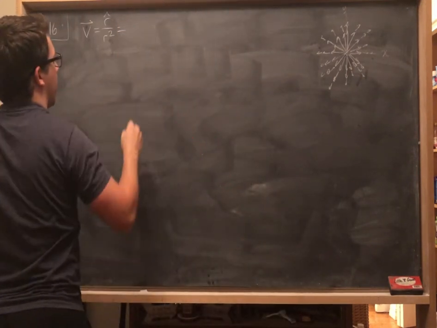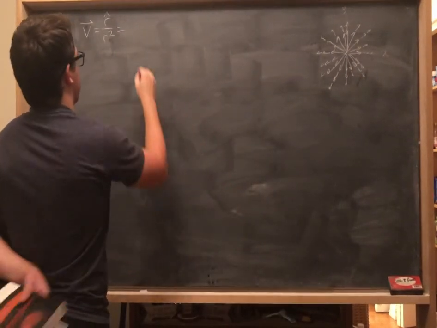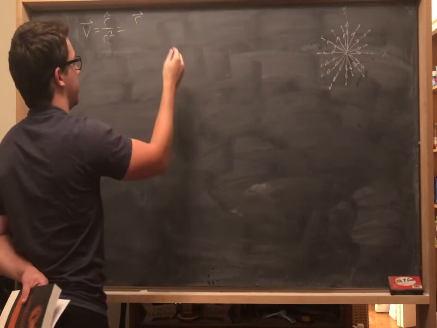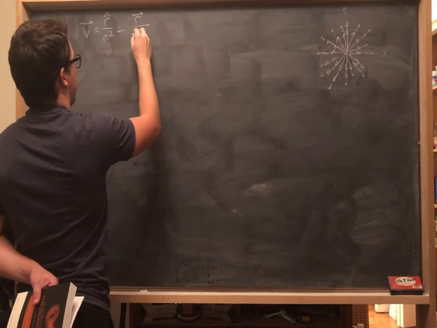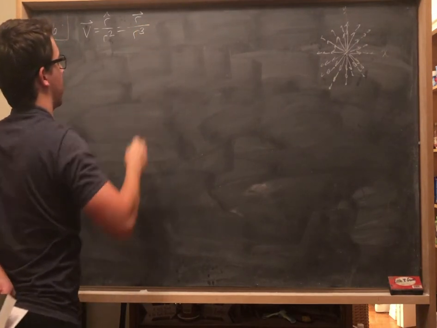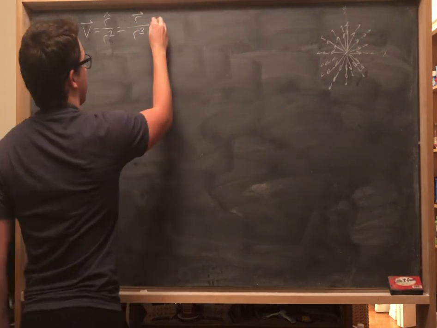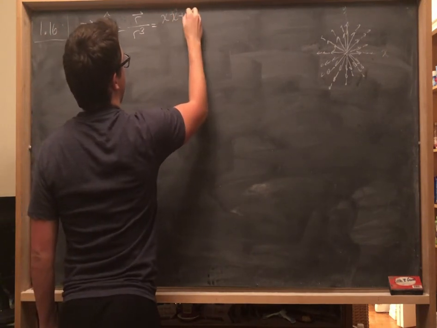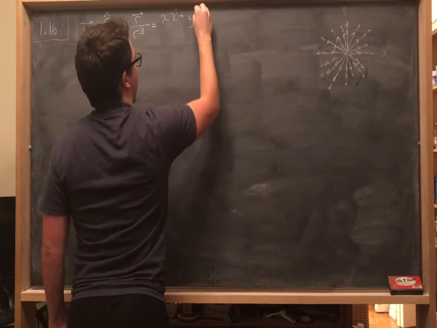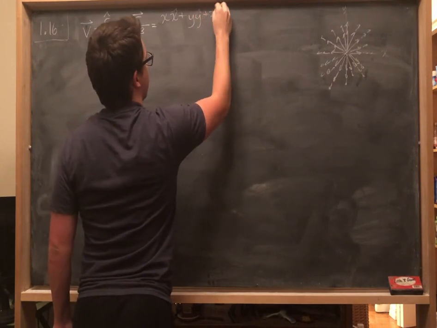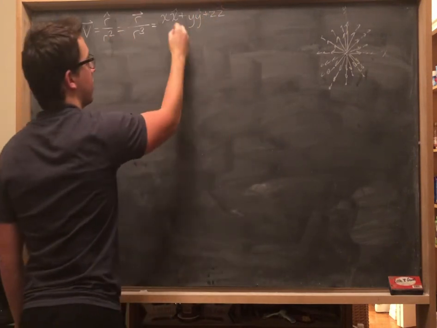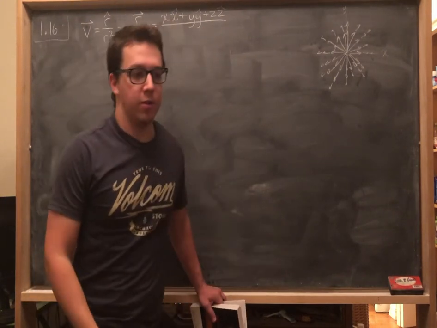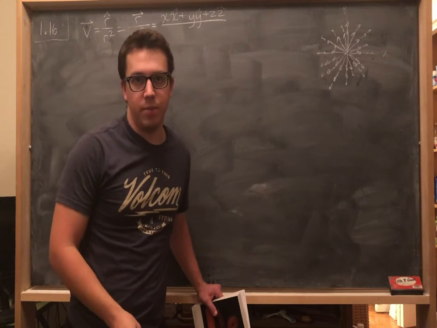So r hat is the same thing as the r vector, the position vector, over the magnitude. So we could also write that like this. And then this would be x hat plus y hat plus z hat. This is just the position vector in Cartesian coordinates. You could do this in spherical coordinates, and in fact that's what I will do in 1.39.